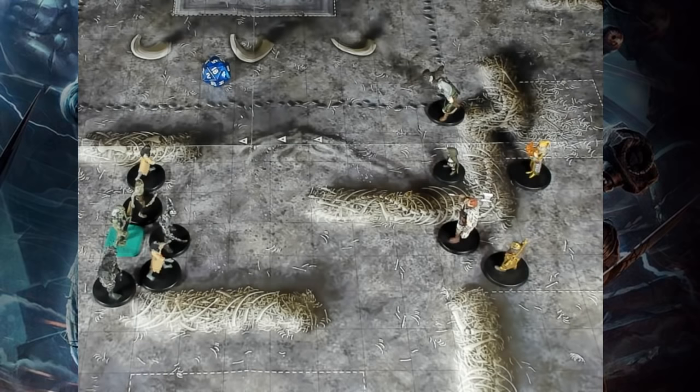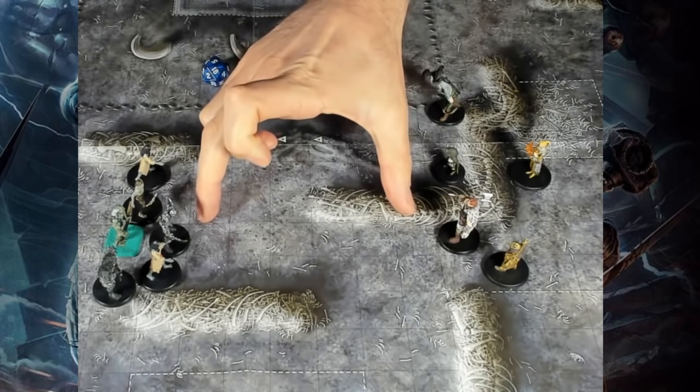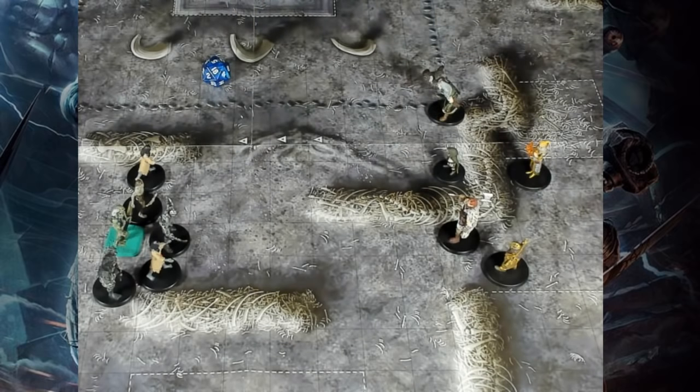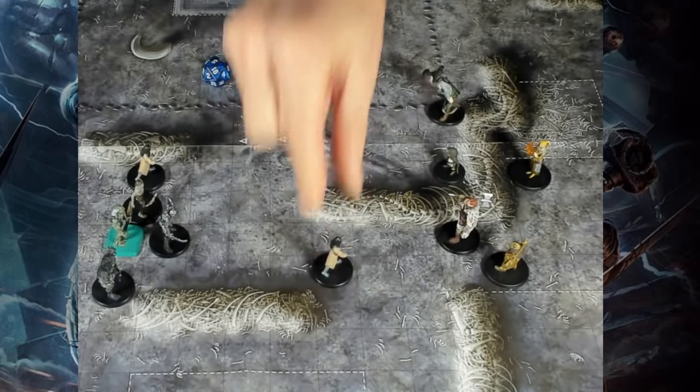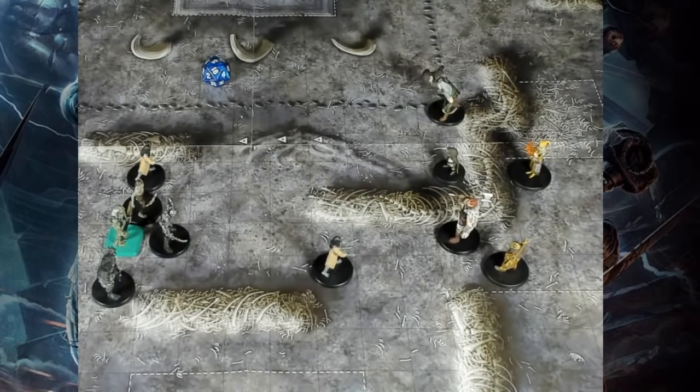But you can wind up with a situation where, particularly if there's a decent gap, I haven't provided you with a huge gap in this battle, but if there's more than like 20 or 40 feet, there's going to be a lot of moving back and shooting rather than moving up, just so that they can whittle them down. A smart party will tend to do that. So even if the zombie goes 5, 10, 15, 20, it's going to have to dash to get into combat, which is exactly what it would do. It would use the dash action to get up close.